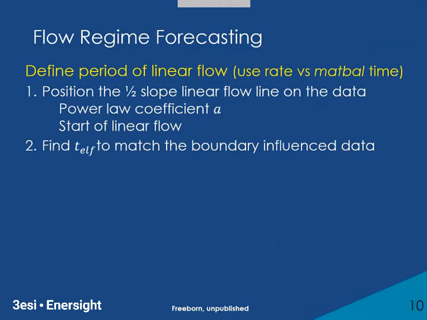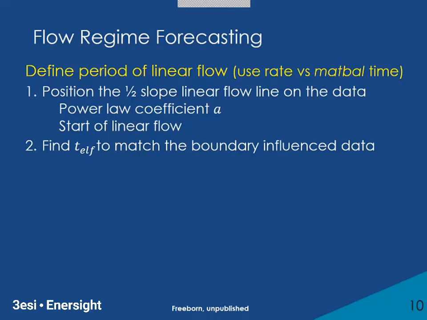The second step is we change where the end of linear flow happens in a trial and error basis until we match the whole pre-linear or linear flow and boundary dominated flow data on a material balance time plot. What that does is gives us a window of knowing where linear flow happens.